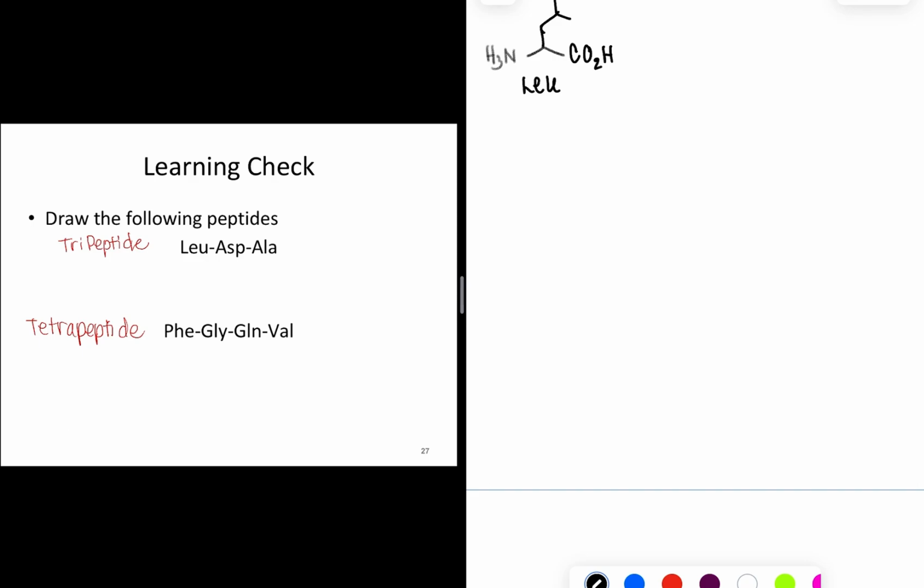Asparagine is one of the acidic amino acids. Alanine just has a methyl group. And then I'm going to go ahead and put these together.